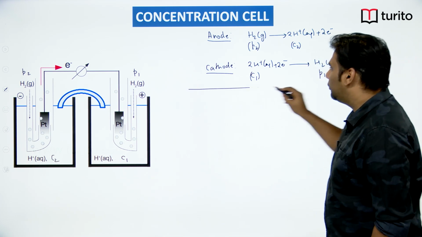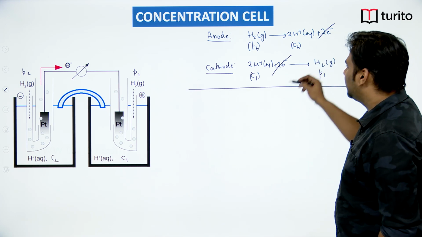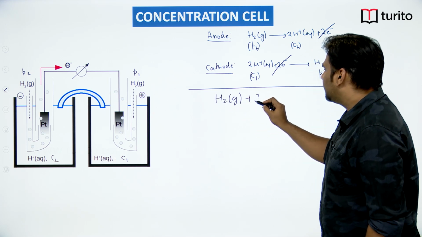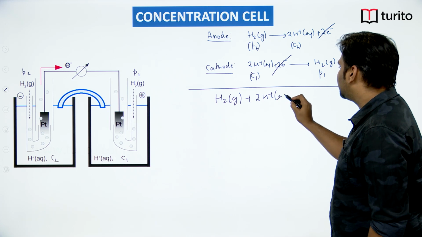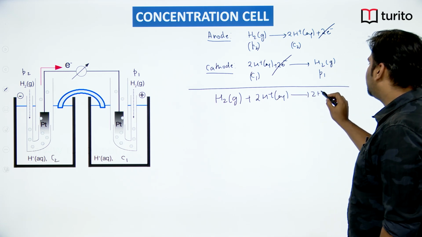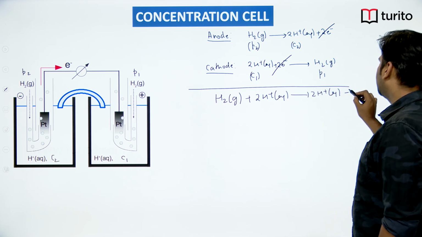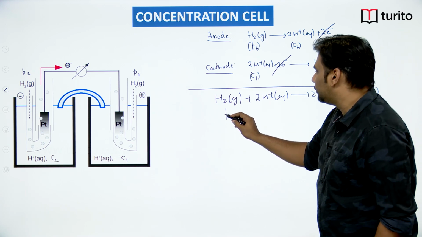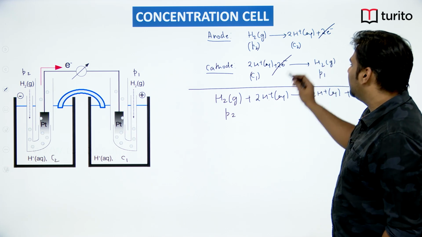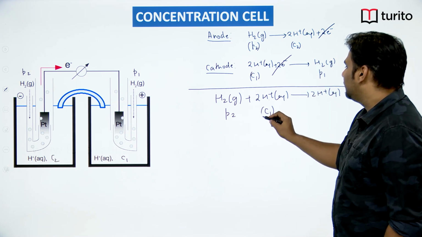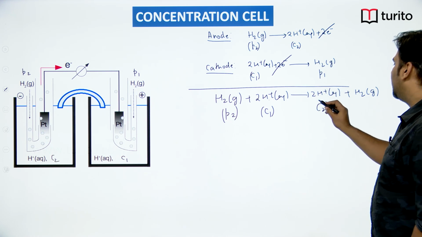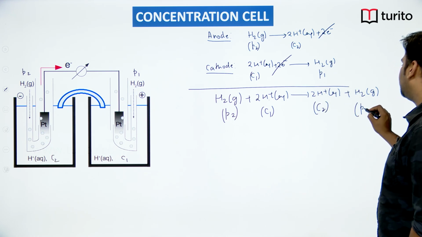If you add both the reactions, the electrons will get cancelled out. So the final equation will be H2 gas plus 2H plus aqueous changing into 2H plus aqueous plus hydrogen gas. This hydrogen gas has a pressure of P2, this H plus has a concentration of C1, this H plus has a concentration of C2 and this hydrogen has a partial pressure of P1.